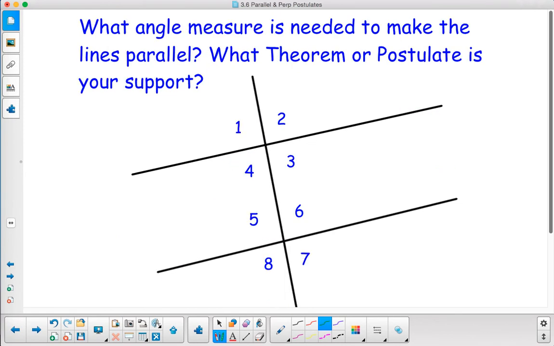And again, I'm going to give you an angle measure, and you need to tell me which one would make the lines parallel, and what measure it would have to have, and the support. So let's try one. Let me put angle 1 as 105 degrees. Now, what angle would help me get the lines parallel? And there's multiple answers here.